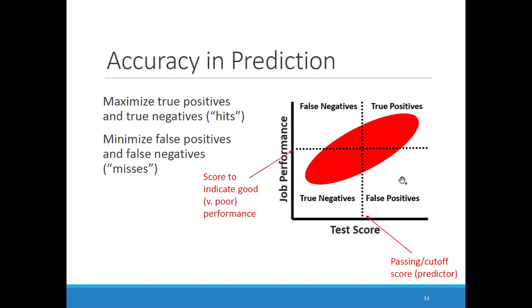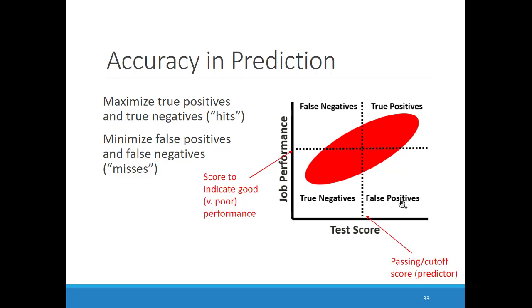To the right of those are our false positives. So these are people who passed the test score, so they got above a 50 on that test score, but they also then performed poorly on the job, and we can tell that because they are low on this y-axis. So these are our false positives.